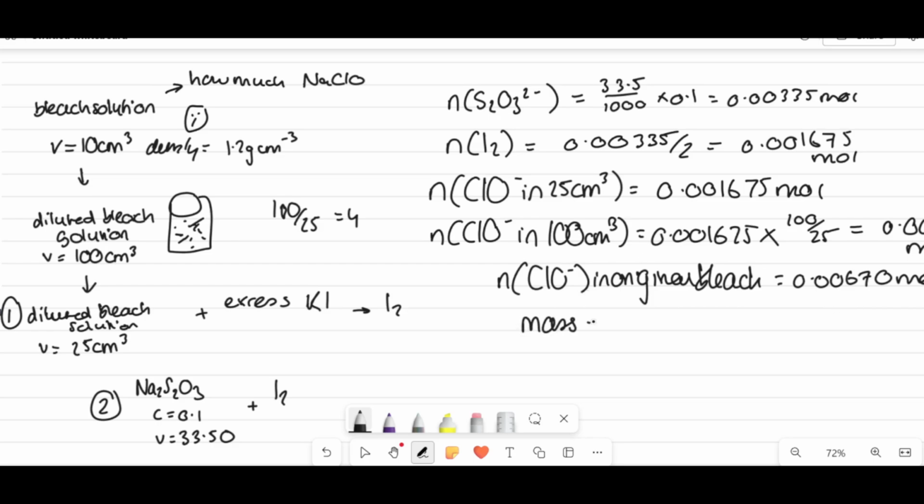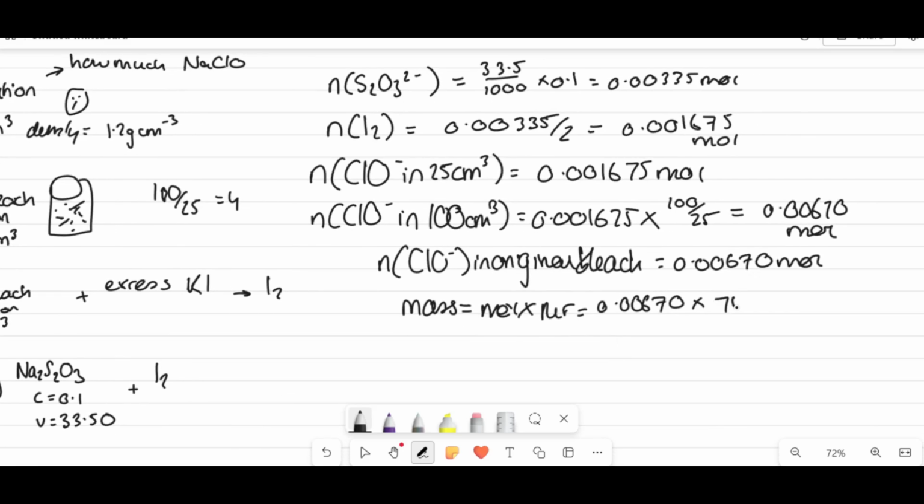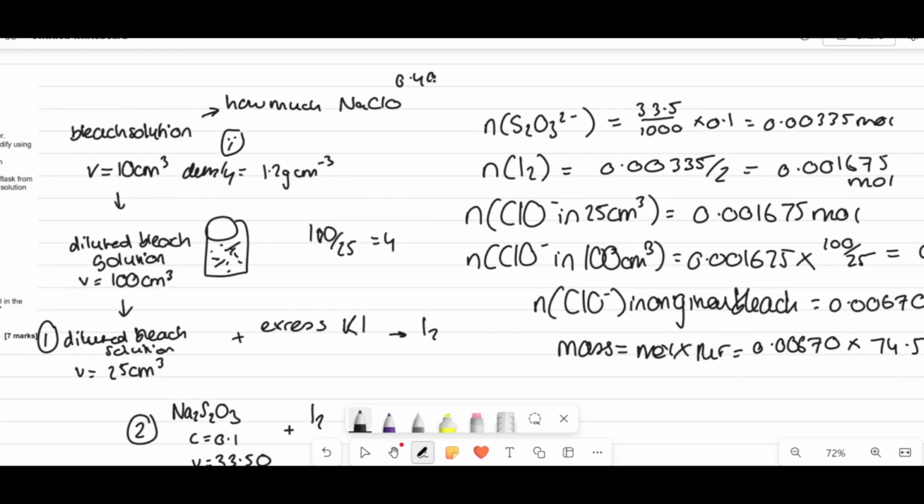So mass equals moles times Mr, which is going to be 0.00670 times the Mr of ClO minus, or NaClO, which is just 74.5, and that gives you 0.499 grams. So we now know that there's 0.499 grams of NaClO in the bleach.